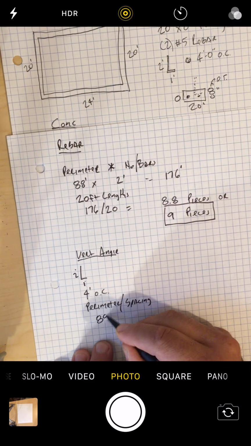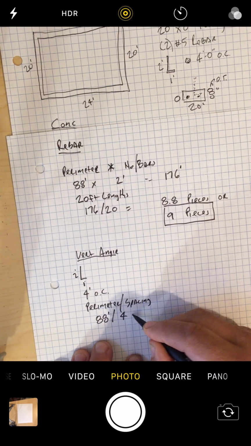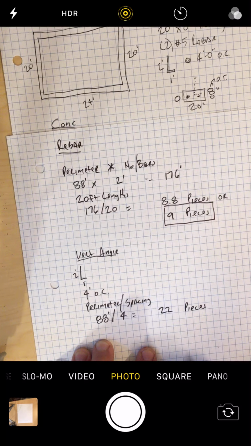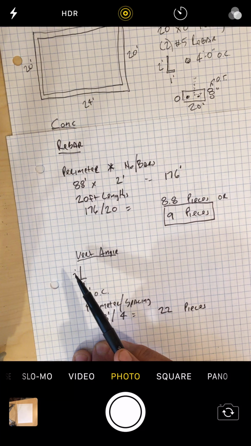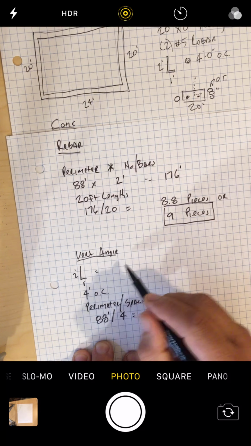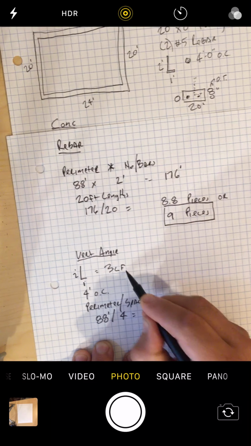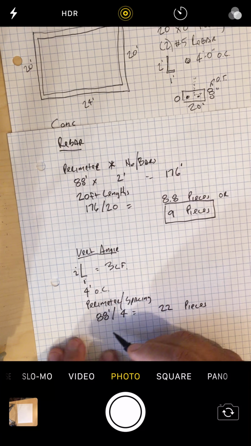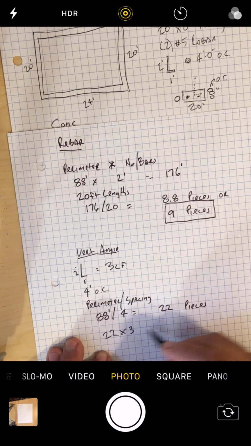So this is going to be 88 feet divided by 4, which is going to equal 22 pieces. And again, each piece is 1 foot by 2 foot. That's going to be 3 lineal feet of rebar per piece. So I'm just going to multiply 22 times 3, which is going to be 66.